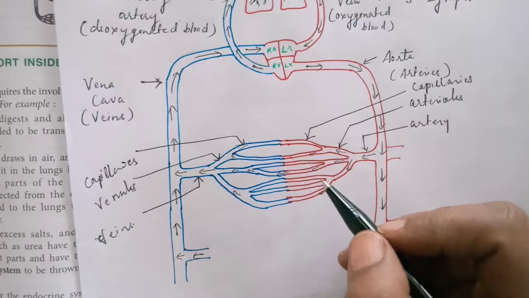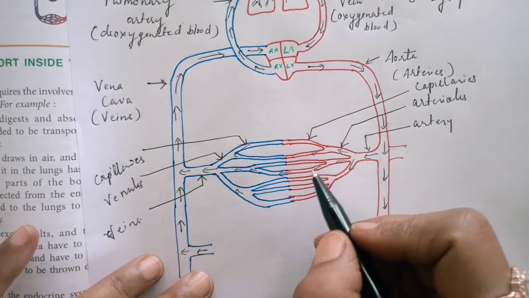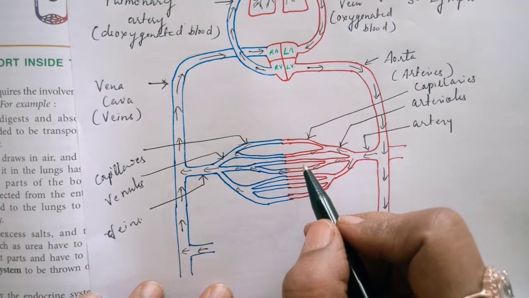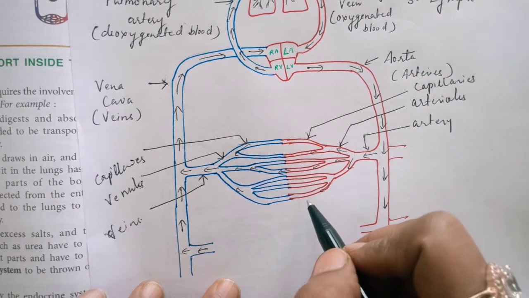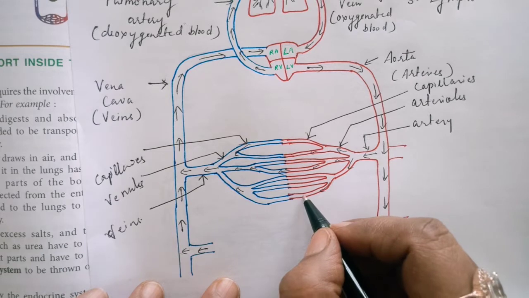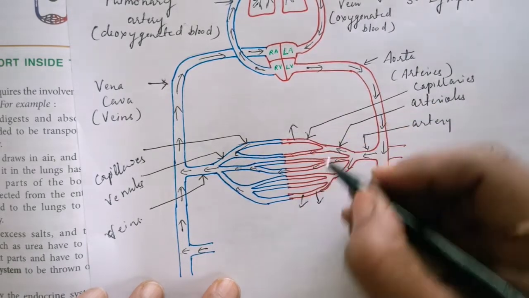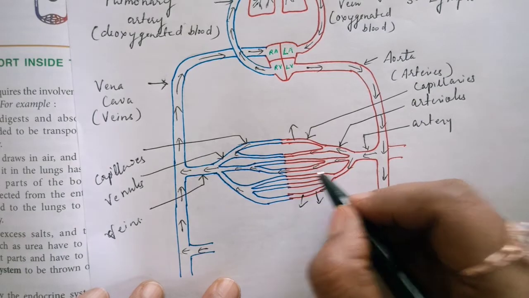When the oxygenated blood in the arteries and in the capillaries reaches the cells of various organs, through the walls of these capillaries the liquid part of the blood starts coming out.